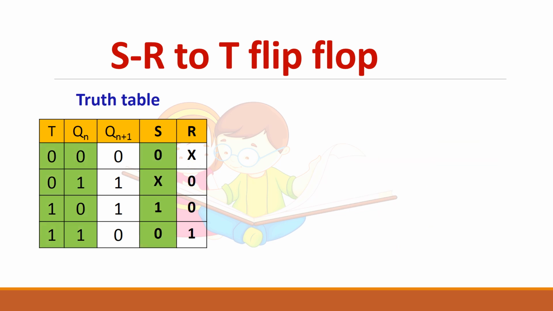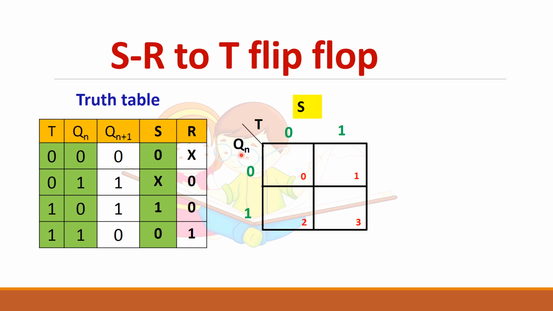Now let us plot the K-map so that we will get the relation between S and T. So draw the K-map. It is drawn between Qn and T because these two are the inputs. So write the S values 0, x, 1, 0. So this one cannot be clubbed with any one. So what is the value of this one?